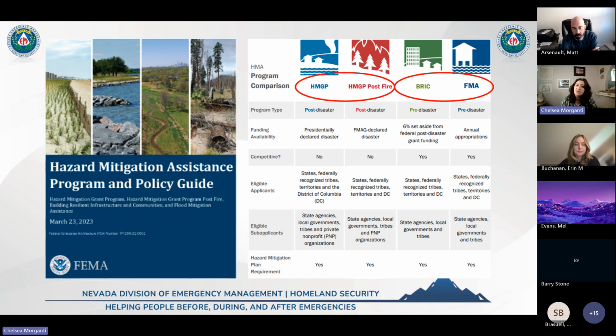There are generators that can be eligible for HMGP post-fire or other kinds of mitigation funding. Warning sirens for tornadoes or high wind events. Lots of opportunities. Some rain or stream gauges in some circumstances can be eligible. Lots of fun stuff.